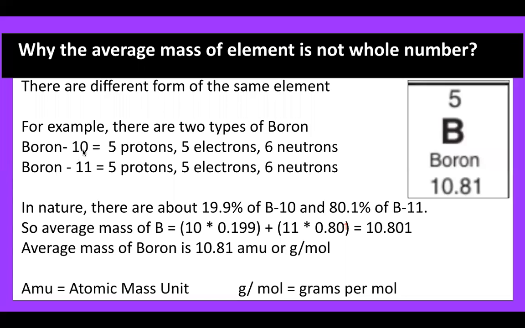They don't have to give you the proton number, because the moment they tell you boron, you know its proton number is 5, because every boron in the world has 5 protons. If only one number is ever given, that number is mass. All right, so moving on.